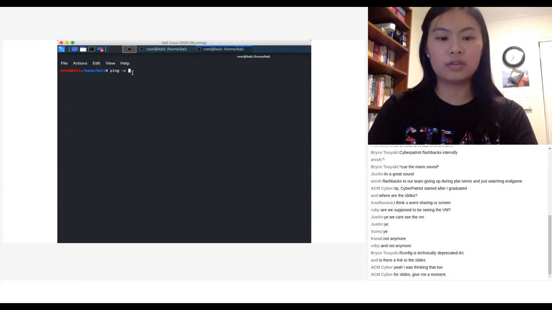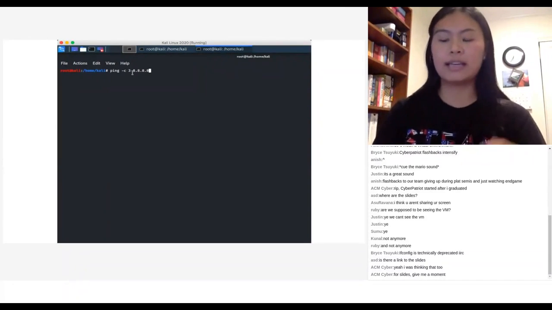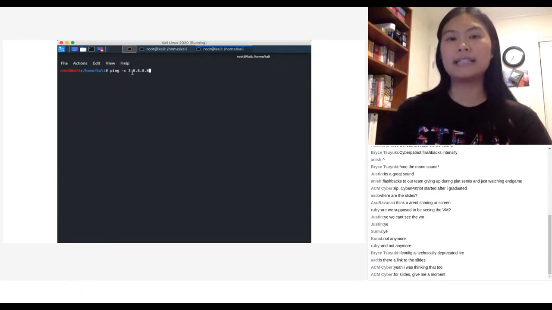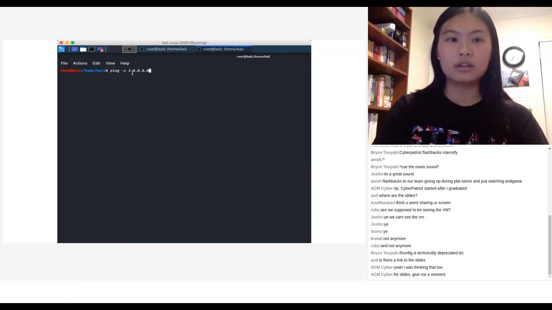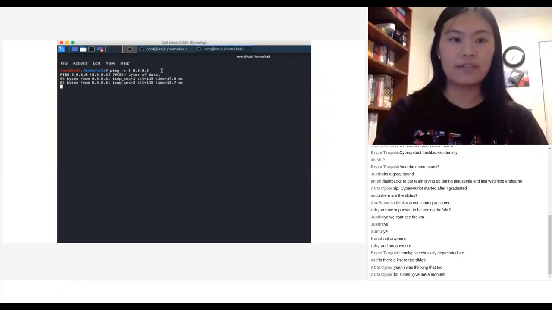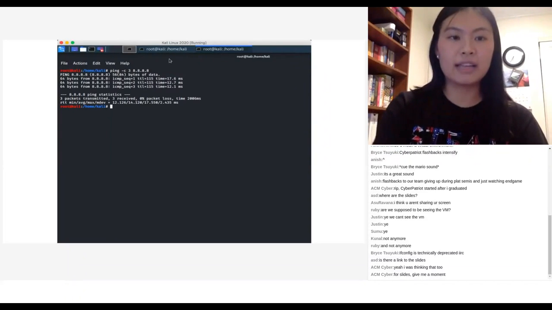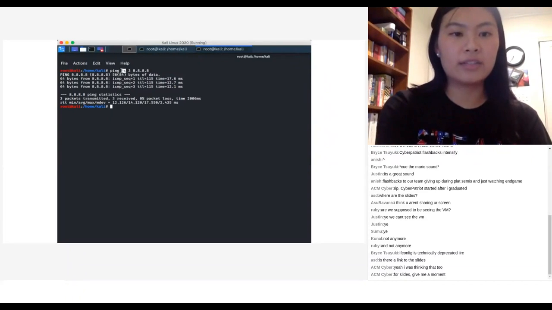I'll send 3 packets to 8.8.8.8. Ping is a simple signal, and it uses the Internet Control Message Protocol. It's really simple: it sends an ICMP request and then expects a reply back. I just want to use this to generate traffic. The -c flag here means I'm sending 3 packets over.